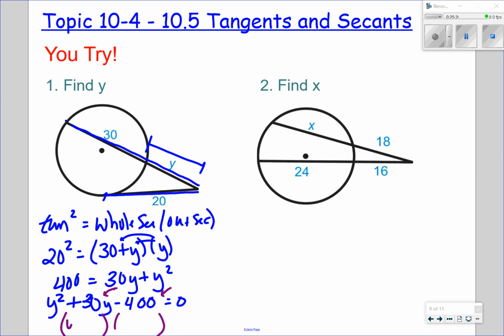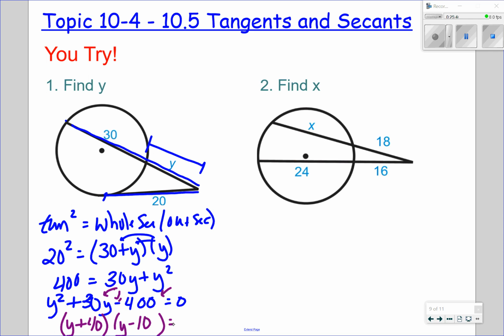So we're going to break this down, y and y. Our sign here says we're going to have a plus and a minus. 400 is the same. You could do 20 times 20, but 20 and 20 don't give us 30. But we could do 40 and 10. 40 times 10 gives us 400, and we could do a positive 40 and a negative 10 to get a positive 30 as our B value.